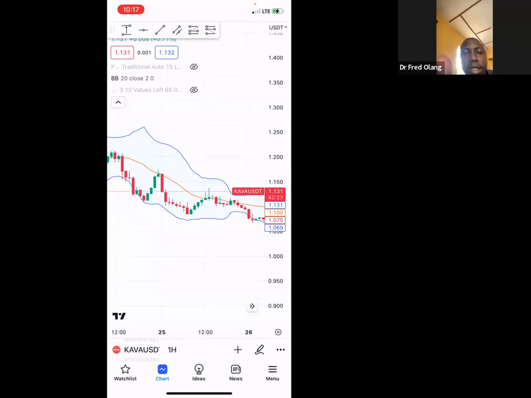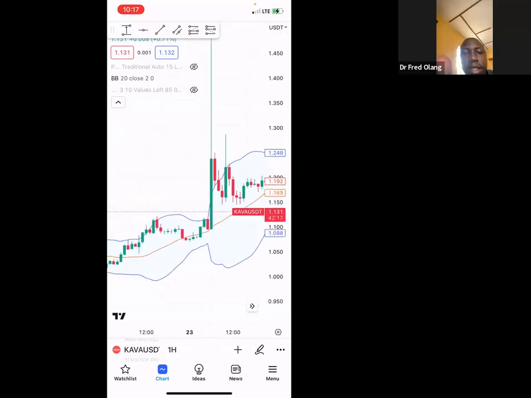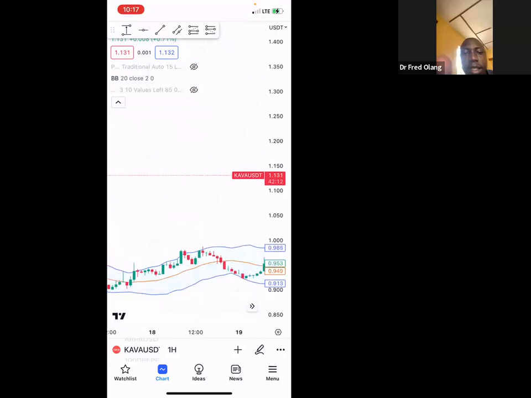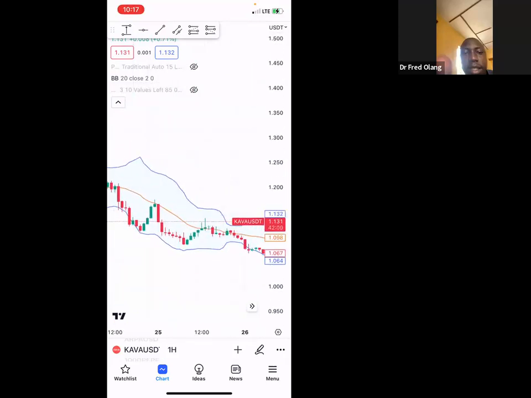On my chart there is an orange line, but it's not necessarily a line, it's more of a curve. It keeps on curving, going up, going down, changing direction. Alongside that curve, there are other curves moving along with it, one on the bottom and one on top. That kind of setting is what we call the Bollinger Bands.